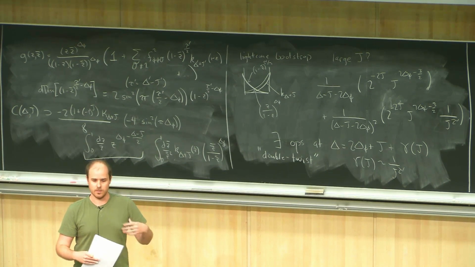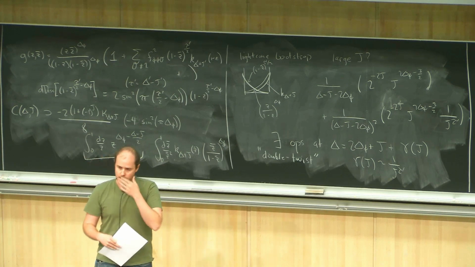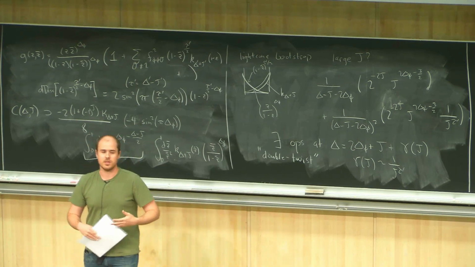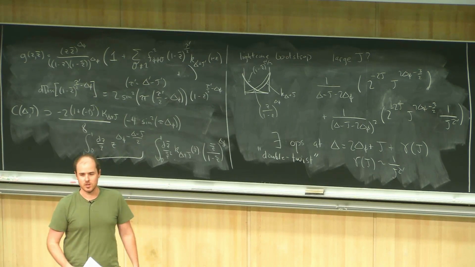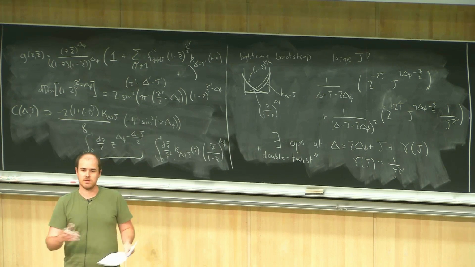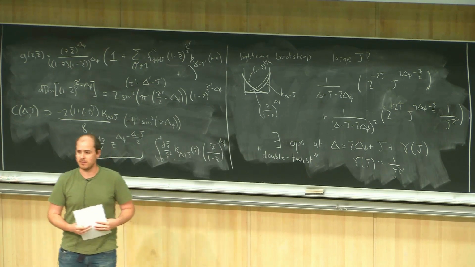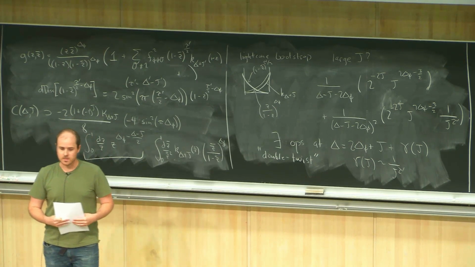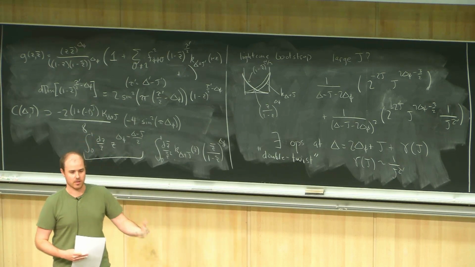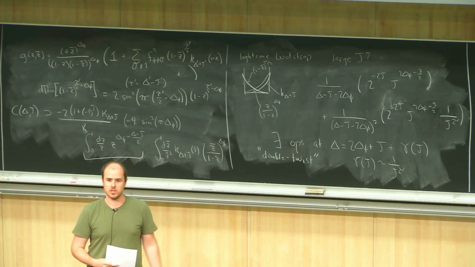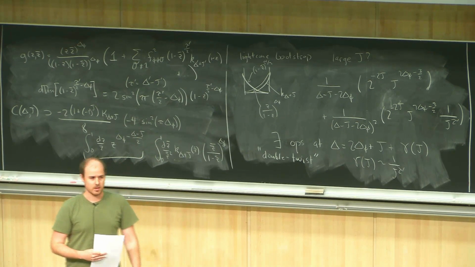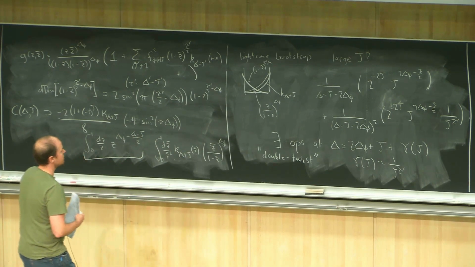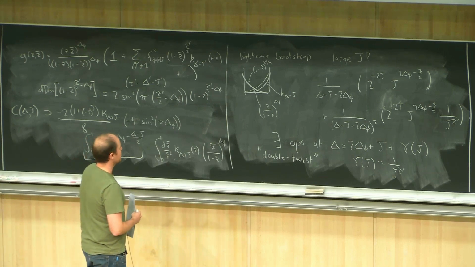So you might be interested in a particular theory. You use what you know about that theory to constrain the form of the 4-point function. And then you plug into the inversion formula and use that to relate CFT data to itself. And you can use this to make progress in computing anomalous dimensions and OPE coefficients of operators in lots of different theories. So this is a really powerful tool for analyzing the crossing equations.